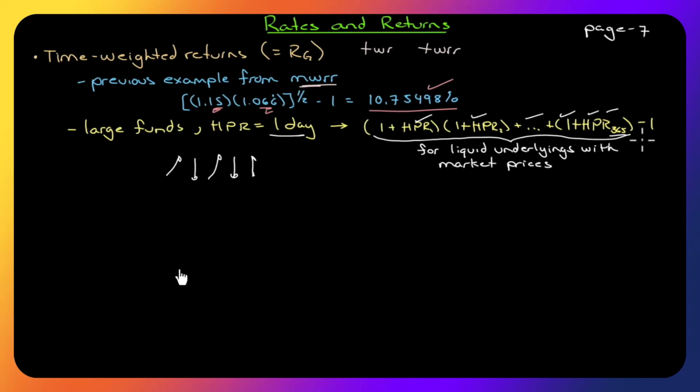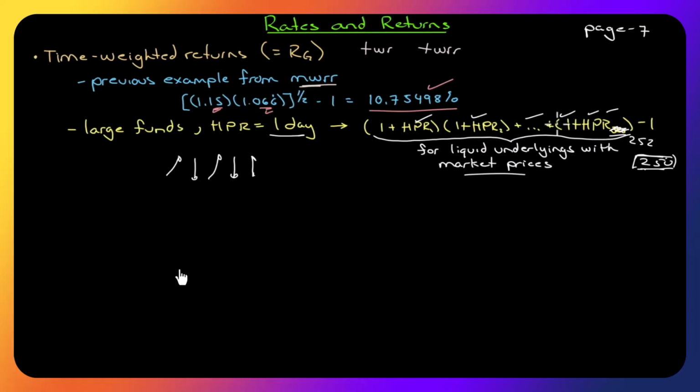Bitcoin trades all weekend long, so if they have it in there, they can calculate a holding period return. Typically, if it's just restricted to publicly traded assets, this would be right around 252. The convention is to use 250 days because you can only have 250 days of returns. Subtract out the 1. This is for liquid underlyings with market prices.